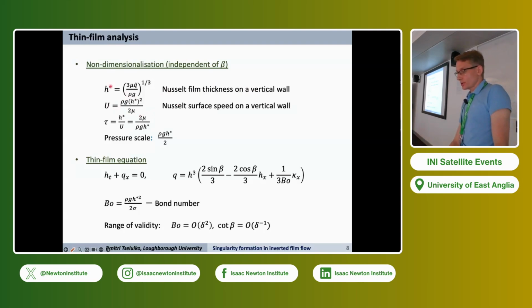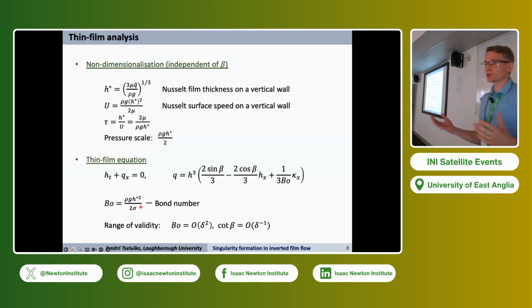The ratio of h star and capital U, this length scale and velocity scale, is used as the time scale, and for the pressure scale we use rho g star over 2. This reveals the dynamical importance of the Bond number, which measures the relative importance of gravity to surface tension.